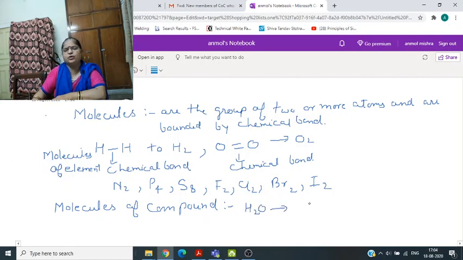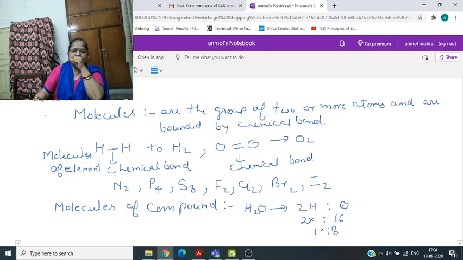This is formed of 2 atoms of hydrogen with 1 atom of oxygen. If we find out its mass, it will be 2 into 1 is to 16, so that will come out 1 is to 8. So in water, the elements exist in the ratio of 1 is to 8. So this is one molecule of water.